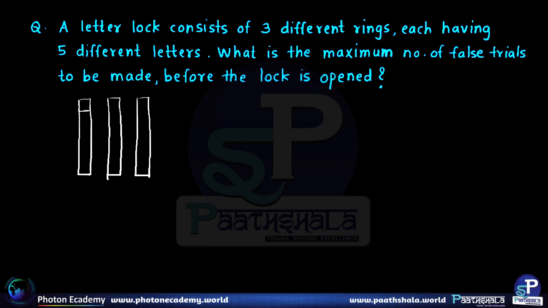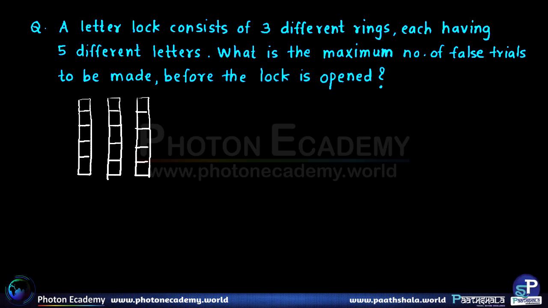Each ring consists of 5 letters on it. So I'm showing here 3 rings with 5 letters each, and by rotating or turning the ring we can bring in one of the particular combinations. So one particular combination represents 1 trial.